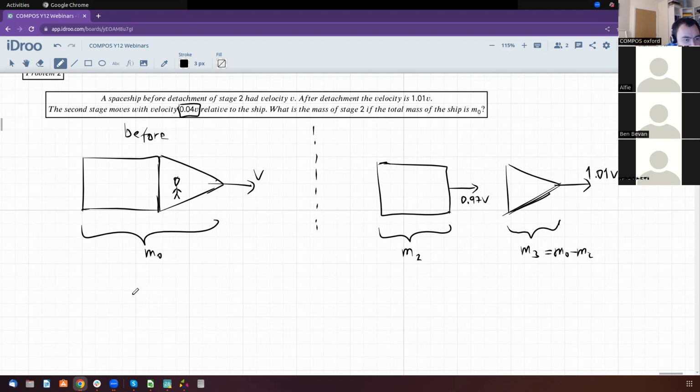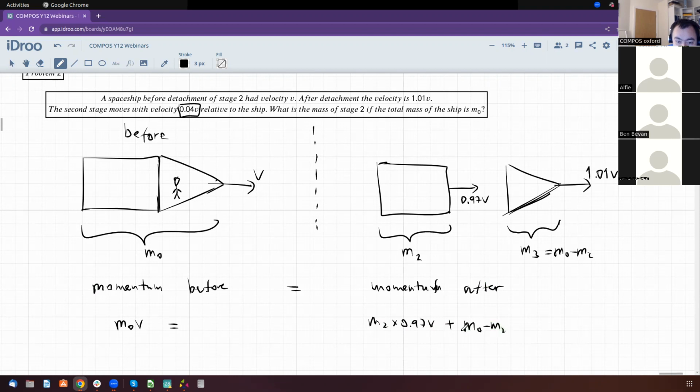Okay, so I have momentum before equal to momentum after. So we have m0 v is equal to m2 times 0.97 v plus m0 minus m2 multiplied by 1.01 v.